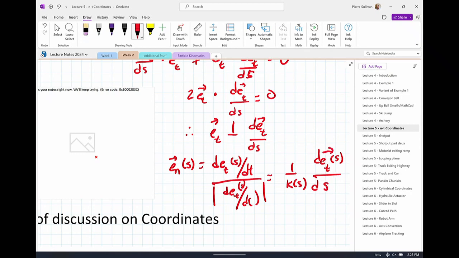So the only thing is I can rewrite it as normal, or E sub n is normal. I can normalize that by the magnitude. I get 1, still 1.